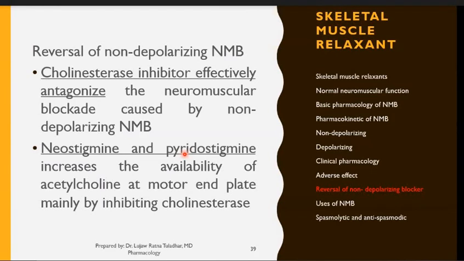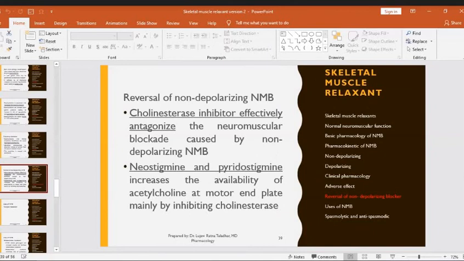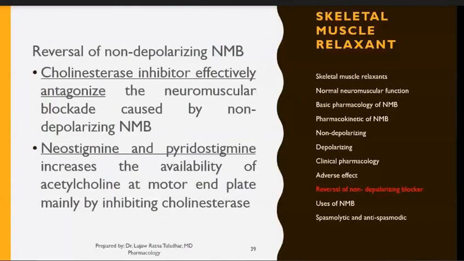Why? हजुर सर. किन होला? Reversal को लागि we give neostigmine and pyridostigmine, but we do not give physostigmine because skeletal muscle are not present in the brain.